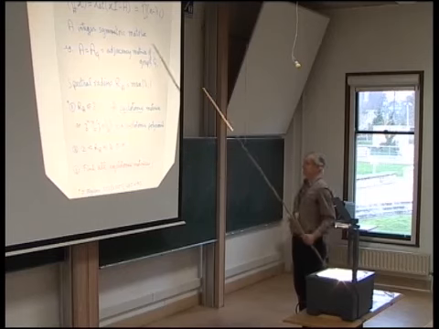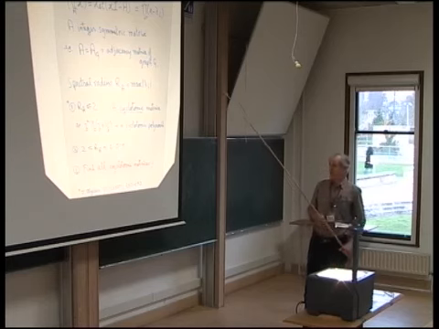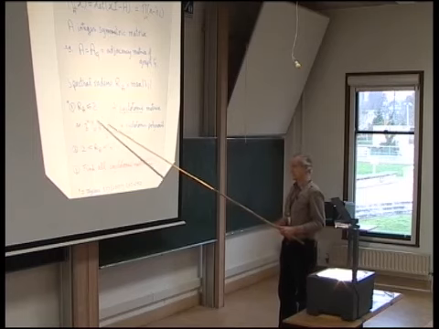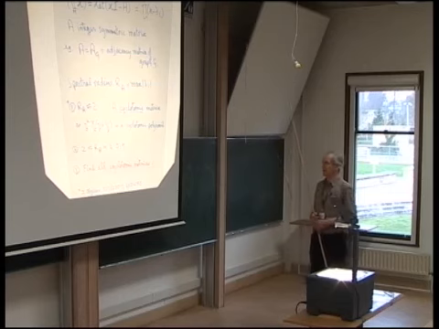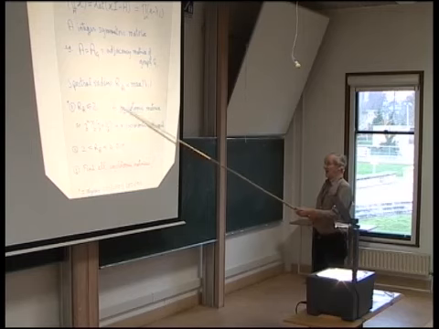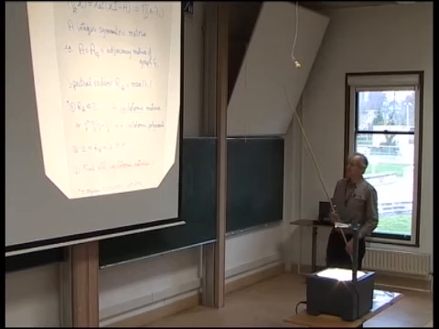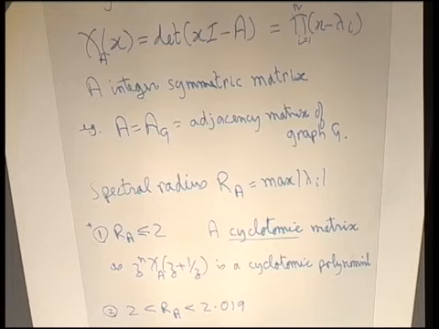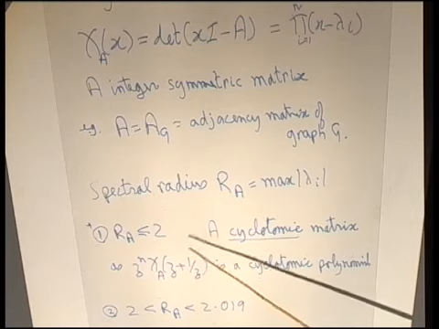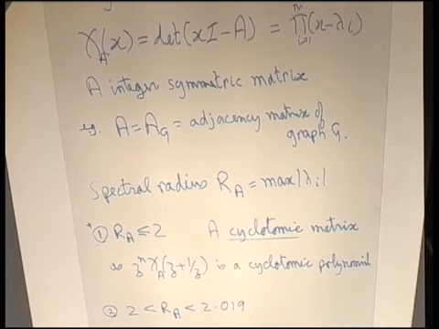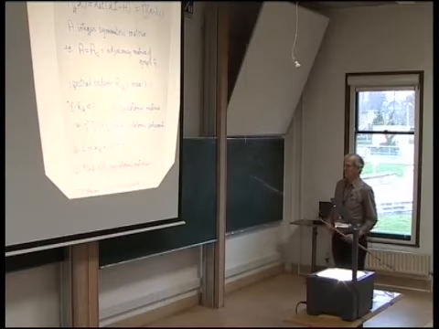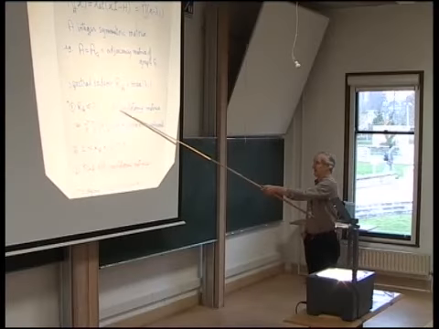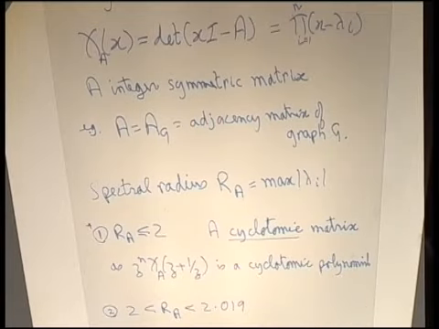Now, if all the eigenvalues are smaller than or equal to 2, then if you replace x by z plus 1 over z for an integer symmetric matrix, then this polynomial is a cyclotomic polynomial, and so in this case we're going to call it a cyclotomic matrix, and if it's a graph, it's going to be a cyclotomic graph.